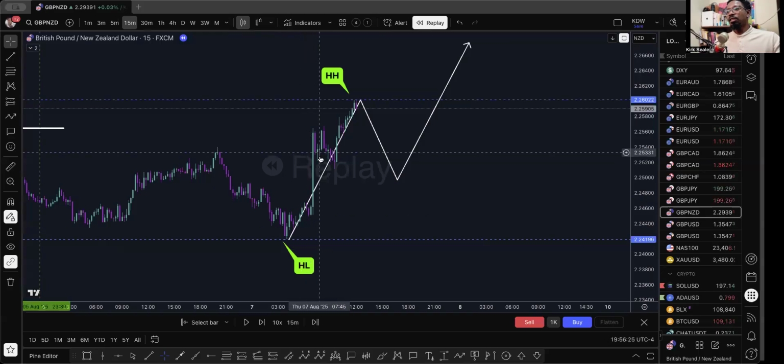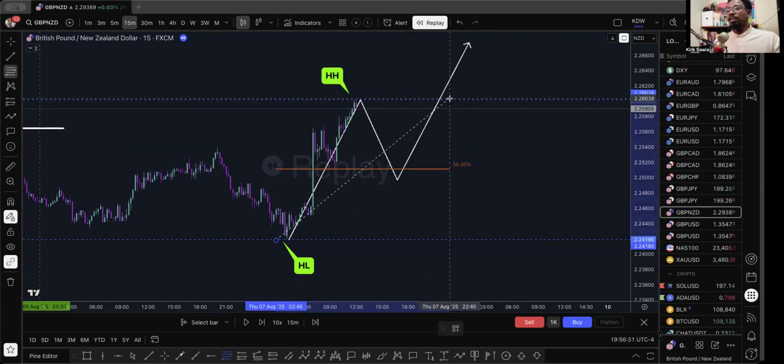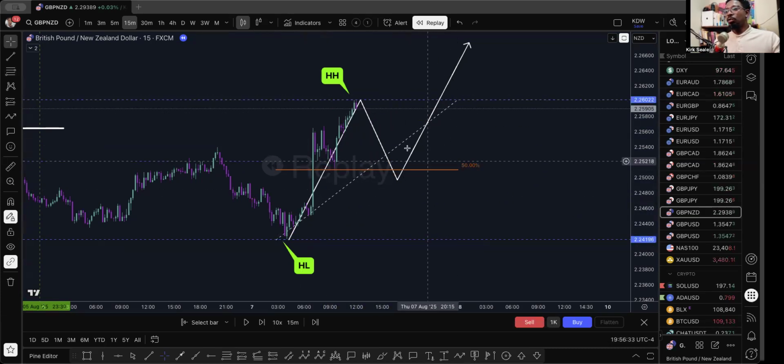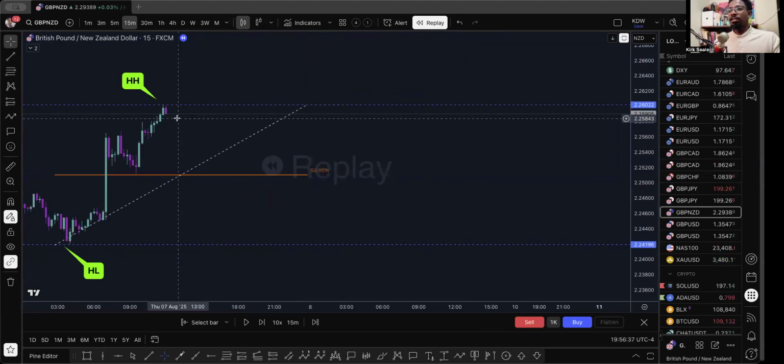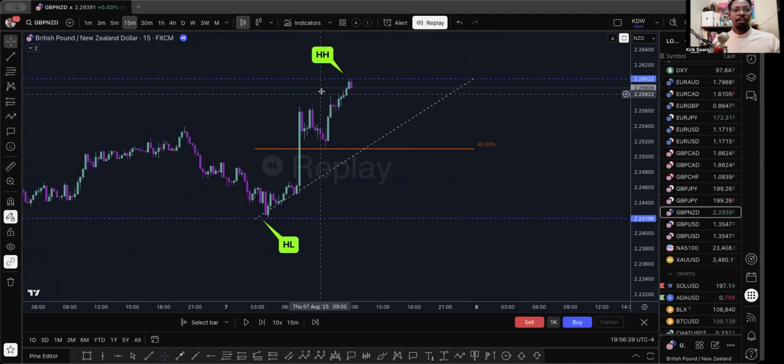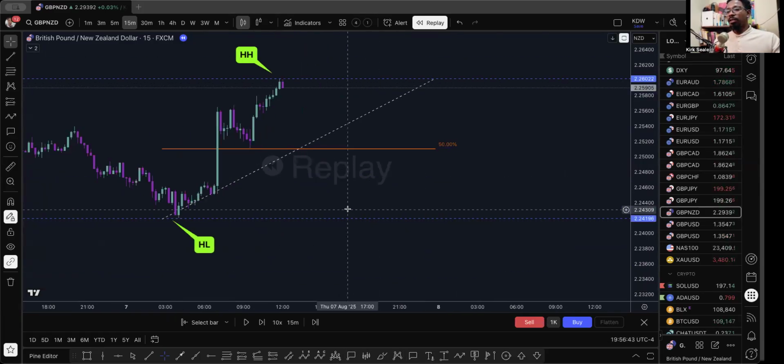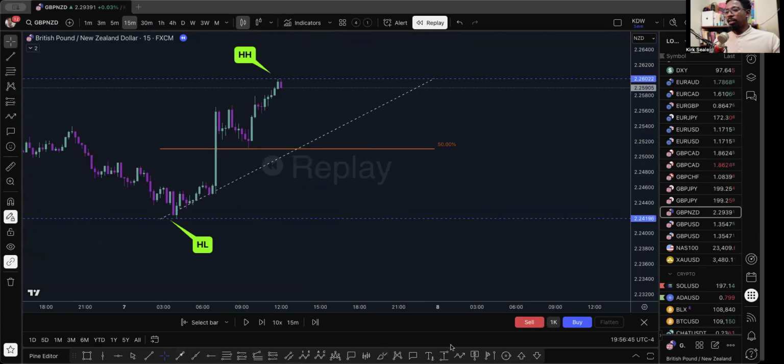You're not going to just set 50% and leave it alone, but you're going to take a look and be like, all right, let's see if this high holds. Is there anything around 50% that would give the market makers a reason to push the market lower? All right, what do we have here?